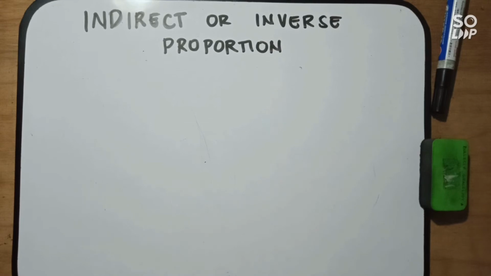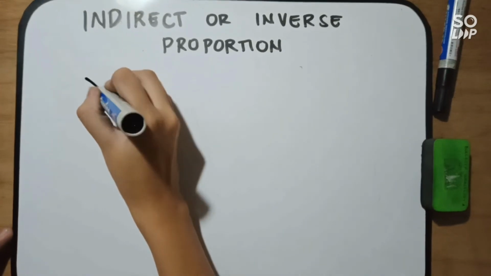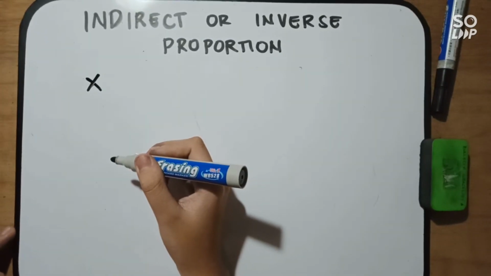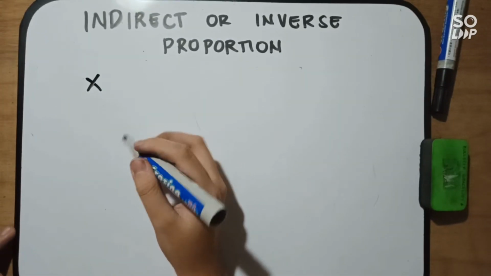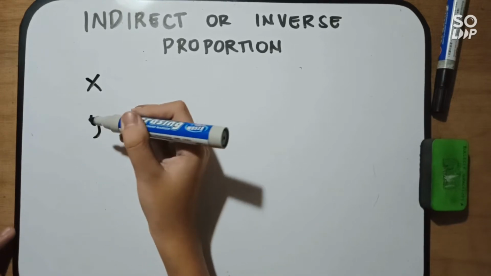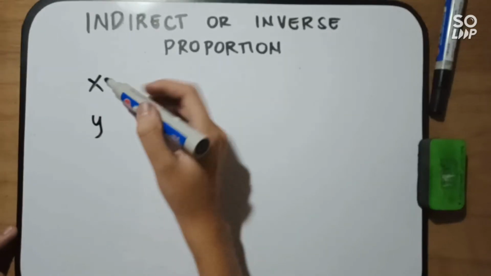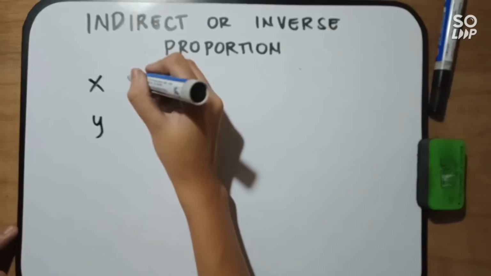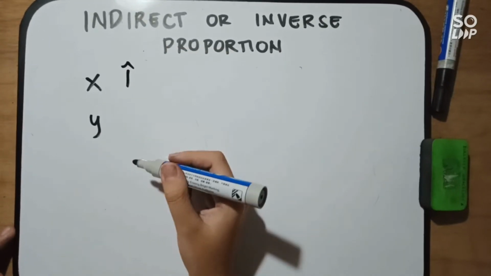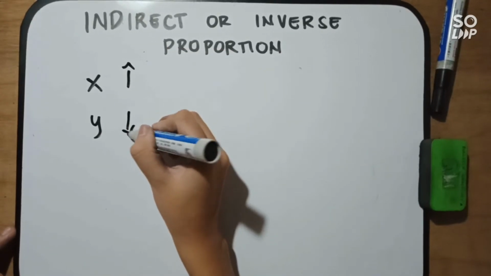Proceeding to the next type of proportion, which is called the indirect or the inverse proportion. In the indirect or inverse proportion, the variable x is indirectly or inversely proportionate to y. So, if the value of x increases, the value of y decreases.